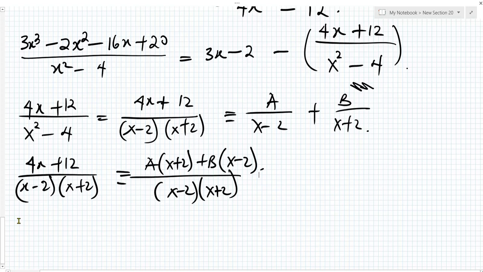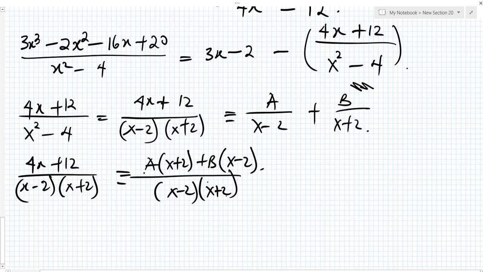So what happened is the lowest common multiple is x minus 2 times x plus 2. If you use this to divide this lowest common denominator, what you have left is x plus 2. So x plus 2 times a. That is how I do this.